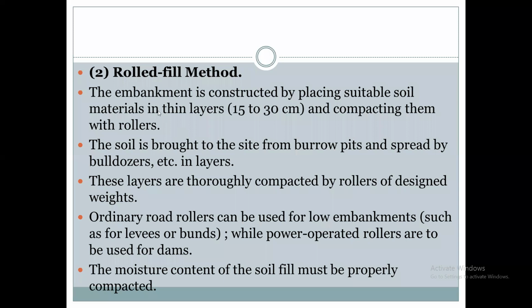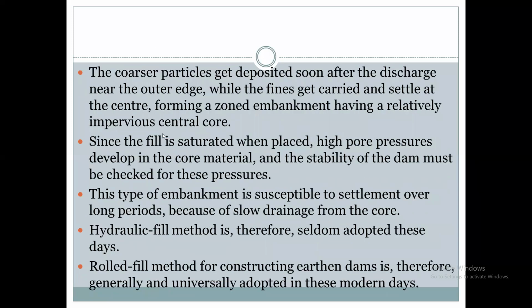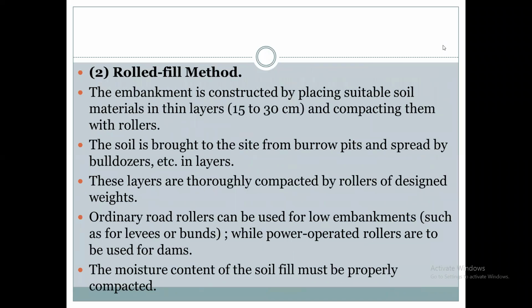This is the hydraulic fill method. The hydraulic fill method is seldom adopted compared to the roll fill method. The roll fill method is mostly used. In the roll fill method, the embankment is constructed by placing suitable soil materials in layers of thickness 15 to 30 centimeters.